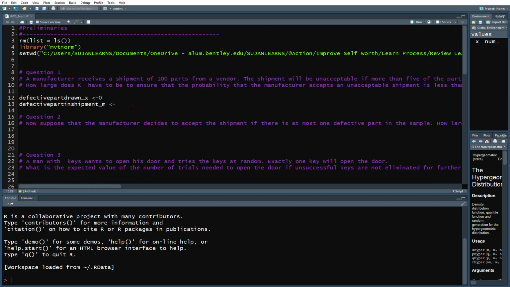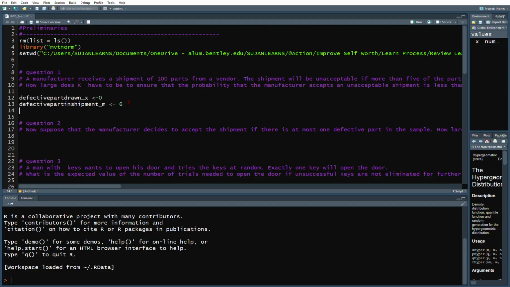When does a shipment become unacceptable? When it has more than 5 defective parts, right? Because of this, we will assign the value as 6 because we want to make the shipment unacceptable. If there are 6 defective parts out of 100, then the number of good parts must be 94.